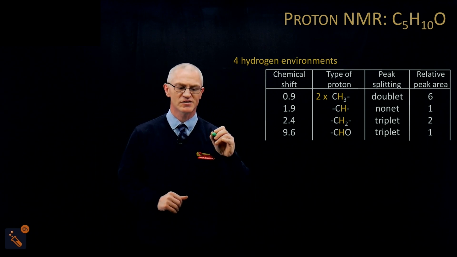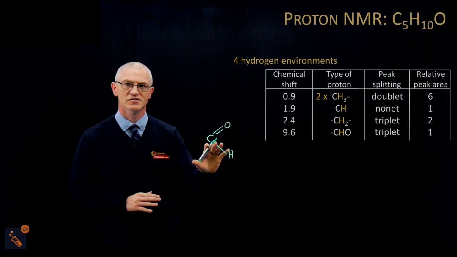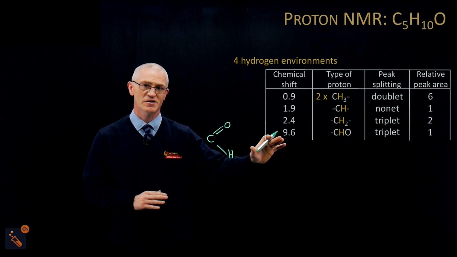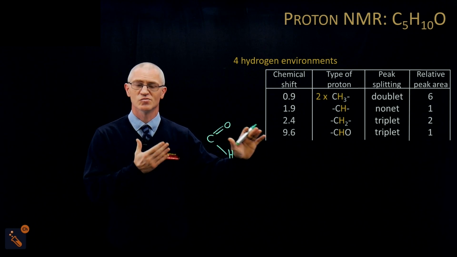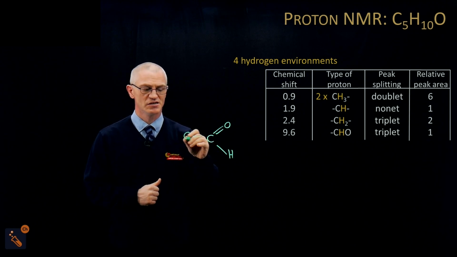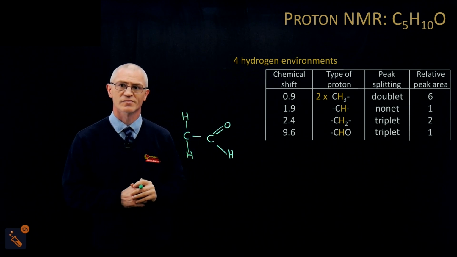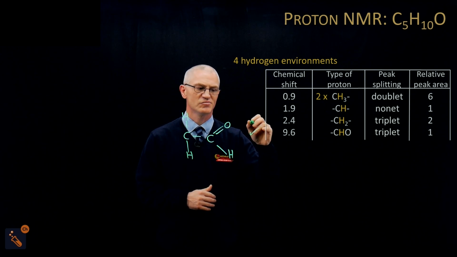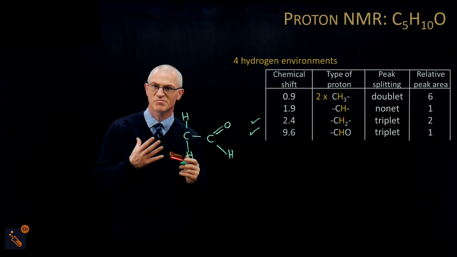So let's put that over to the side and start drawing the actual structure. Let's start with the aldehyde itself. So the aldehyde is that. We know the aldehyde is a triplet, as we said, and the triplet means that, because of the n+1 rule, it is next to a carbon with 2 hydrogens on. So basically, it's next to a CH2. So we've got that group because we have looked at this peak, and we have therefore looked at this peak as well, because there's only one CH2, so they must be together.